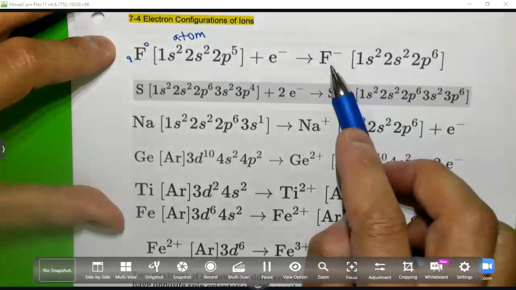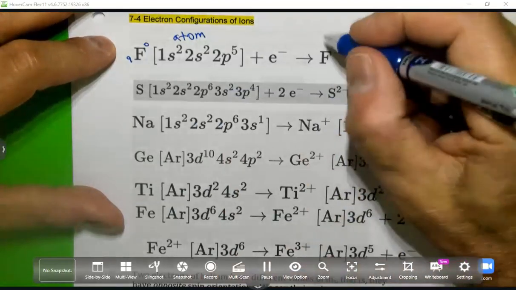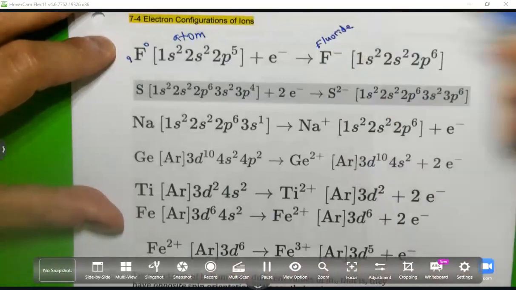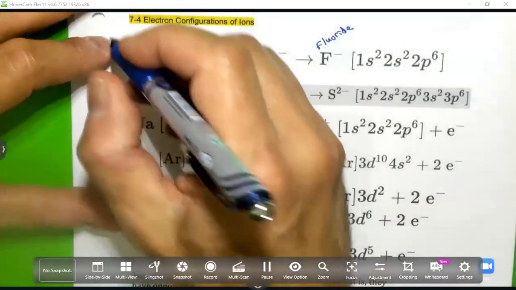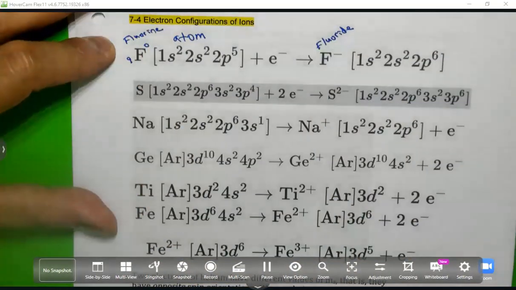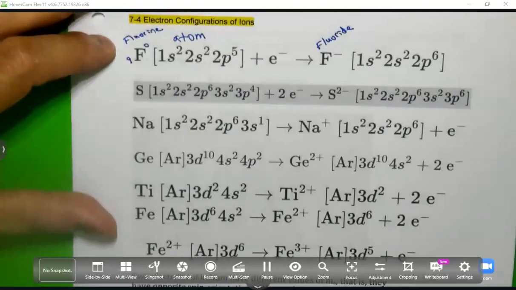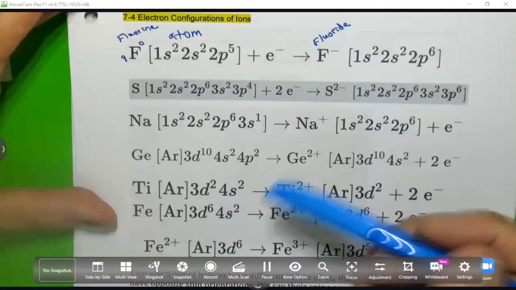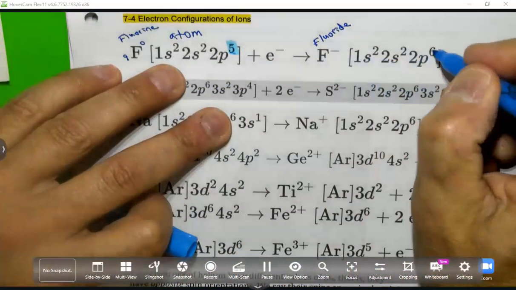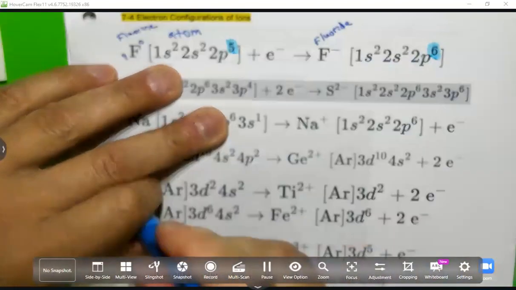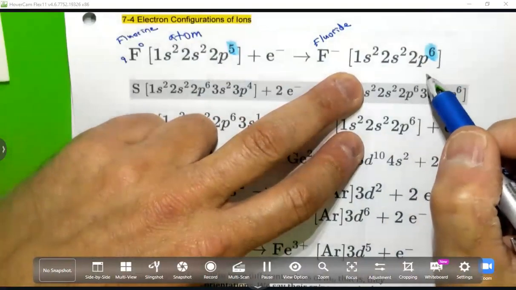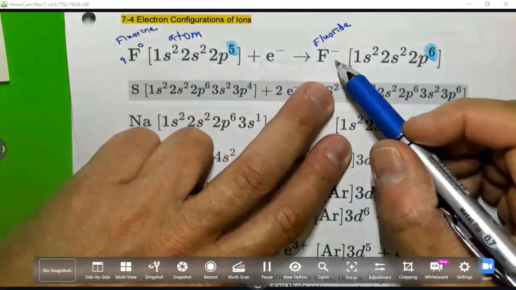In order to form the ion, this now would be called fluoride, right? Fluoride. This is fluorine. What's the difference? You add in an electron. This is going to be about double in size then.